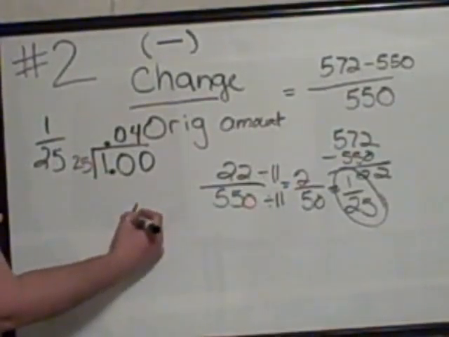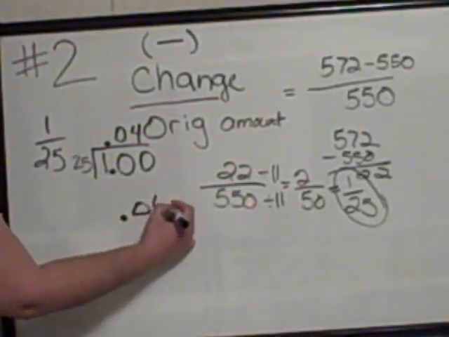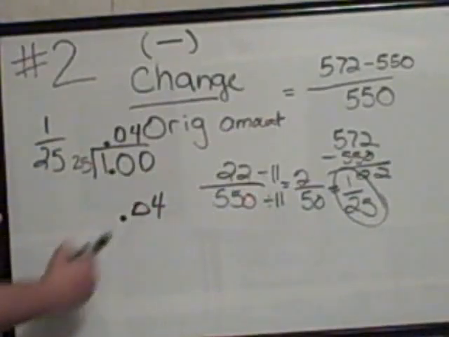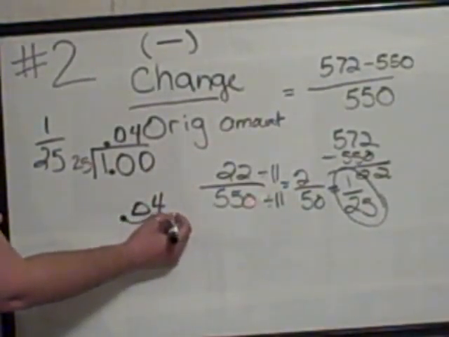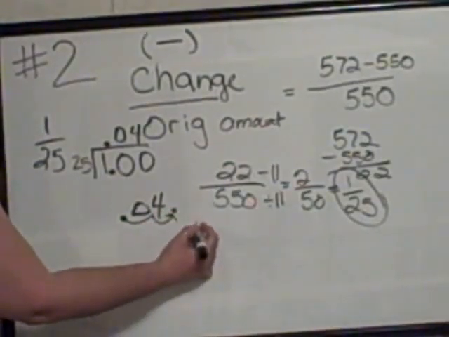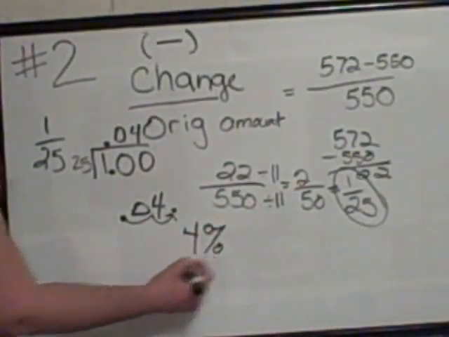My answer is decimal 0.04. If I'm making decimal 0.04 into a percent, remember I move the decimal 2 spaces, and I end up with the answer of 4%.